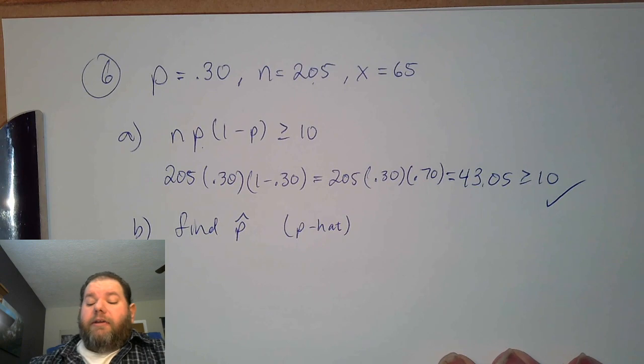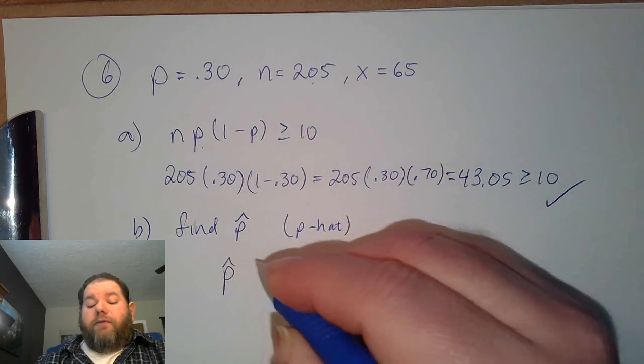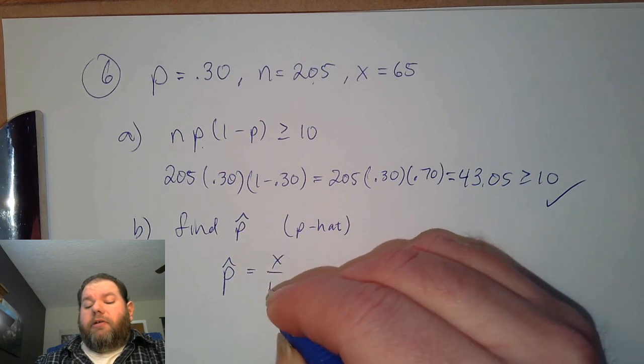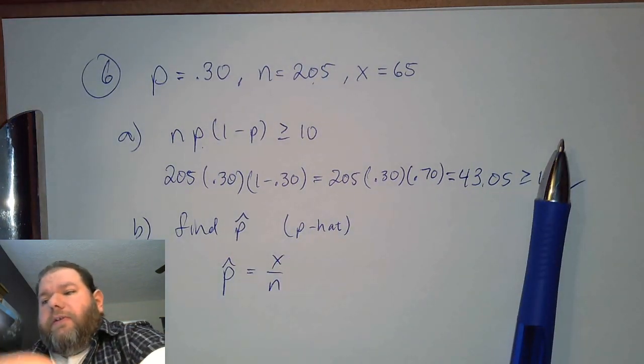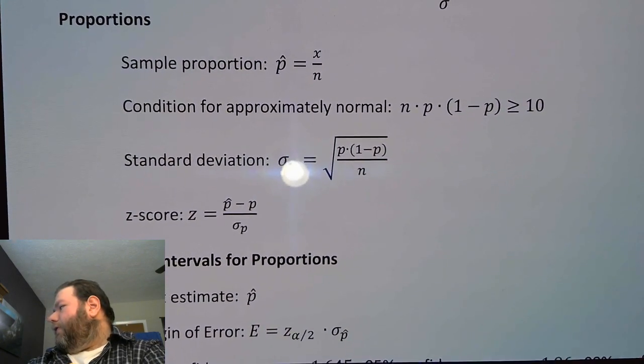So p hat is just x divided by n. That's our formula. And as you see, let me show you the formula sheet for proportions.